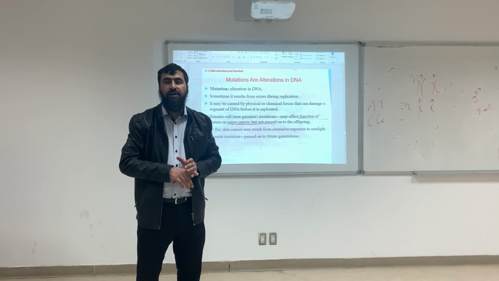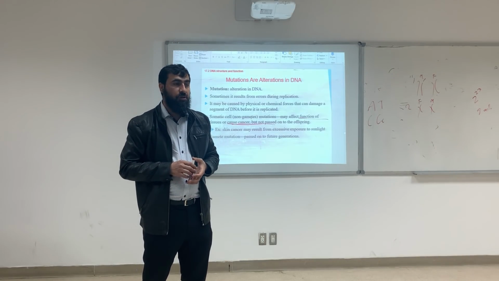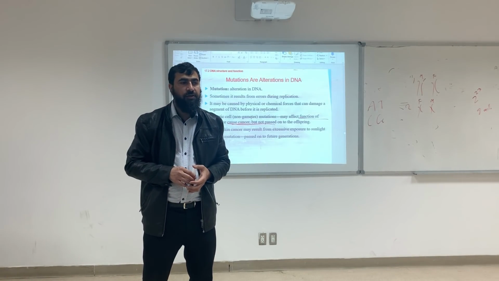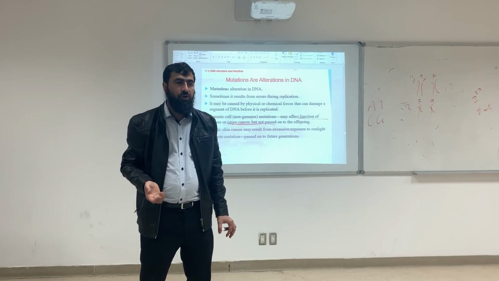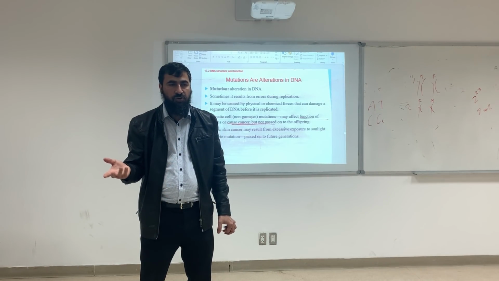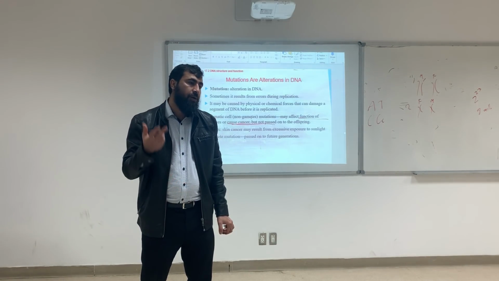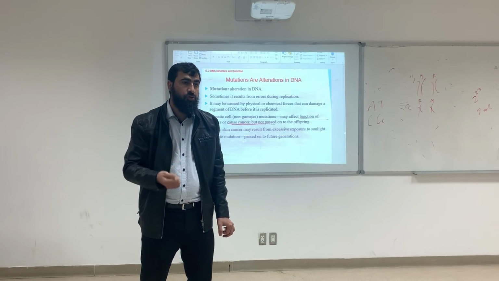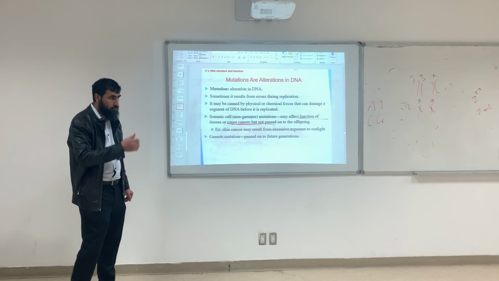Or you can have chemicals like hydrogen peroxide, some mutagens in cigarette smoke. In the past they used some pesticides to kill bugs. Some of them actually cause mutations in the DNA. They don't use them anymore.